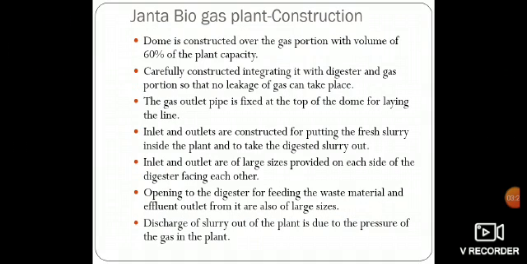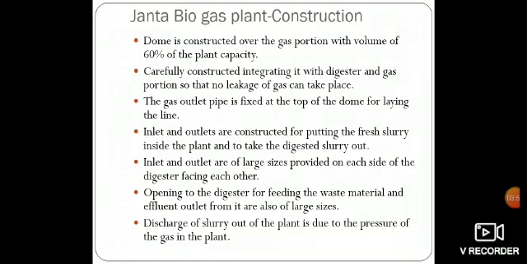The dome is constructed over the gas portion with a volume of 60% of plant capacity. It is carefully constructed, integrating it with the digester and gas portion, so that no leakage of gas can take place.